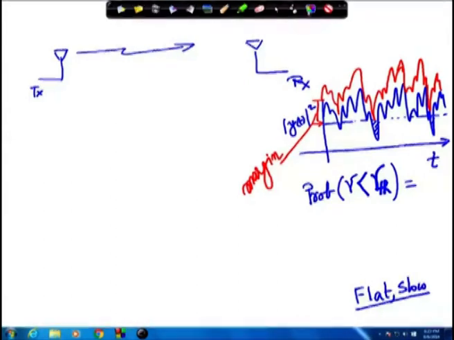Now, instead, let us look at the situation that we have another receive antenna. This is antenna 1 and this is antenna 2. We can use a different color for this. Let us say this one, it may not be so clear, but this is green in color.